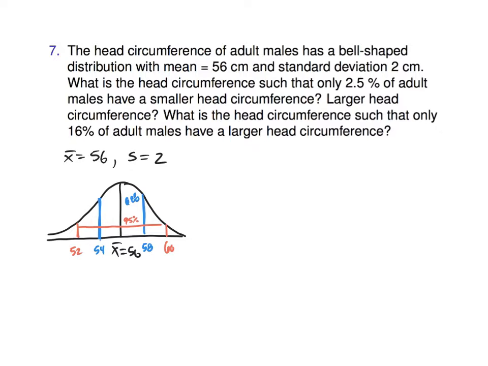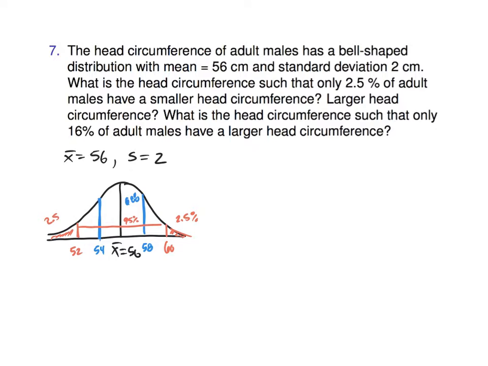So what is the head circumference such that only 2.5% of adult males have a smaller head circumference? So looking at that red part, you've got this bit and this bit. So does it make sense that those 2 things called tails total to 5% when you count both of them? So there's 2.5% that are above 60, and there's 2.5% that are below 52, right?